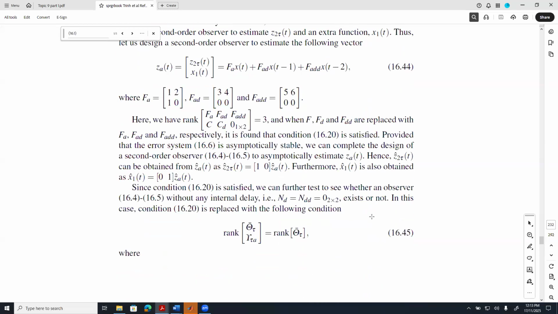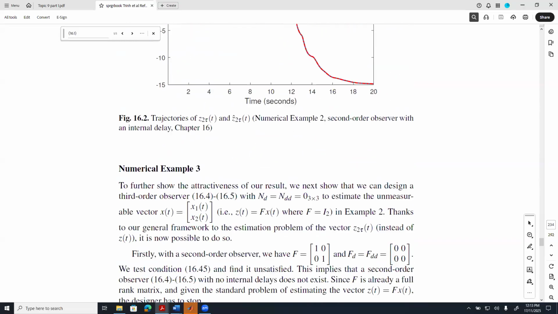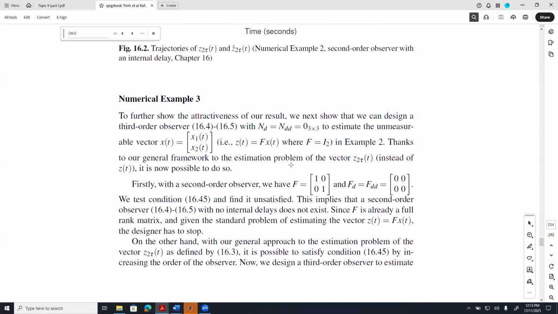And let us employ an observer without internal delays. And so we want to estimate this functional, which is basically the entire stack vector because F is identity. So can we do that? That's the question.